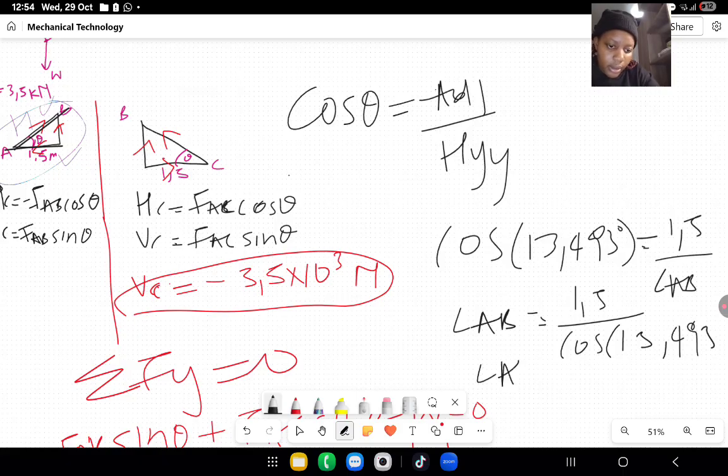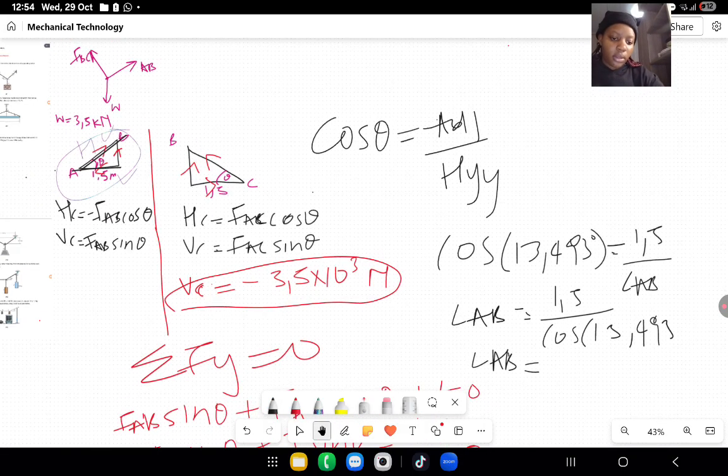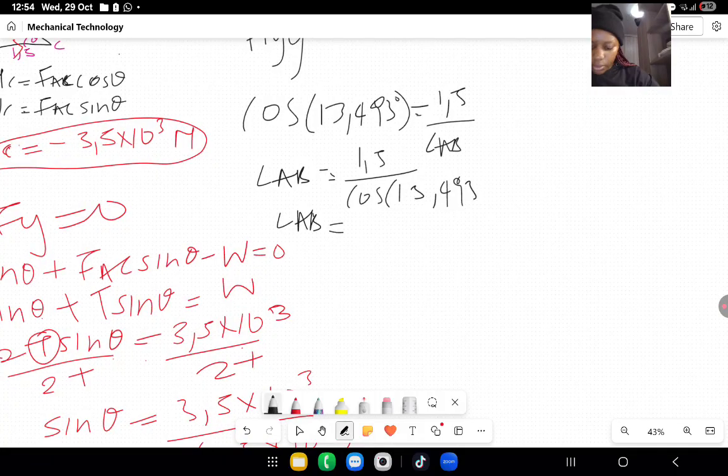LAB equals 1,5 over cos 13,493, which equals 1,543 meters.